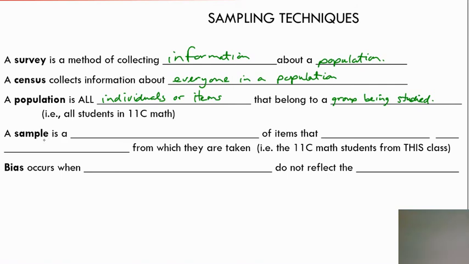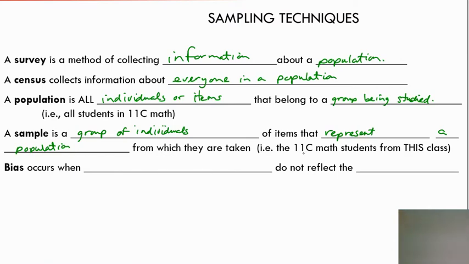Okay, a sample. A sample is a group of individuals or items that represent a population from which they are taken.